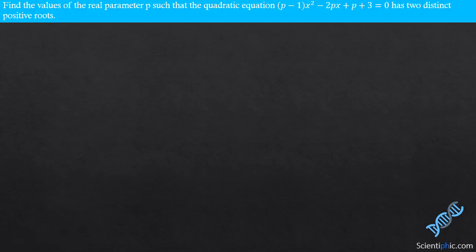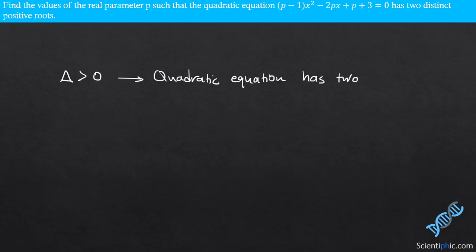Okay, so we know that a quadratic equation has two distinct roots if its delta, or its discriminant, is positive. So let's write it first. If delta or discriminant is greater than 0, then the quadratic equation has two distinct roots, not necessarily positive.